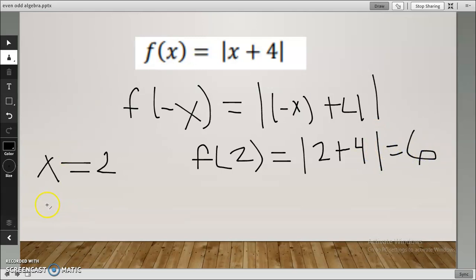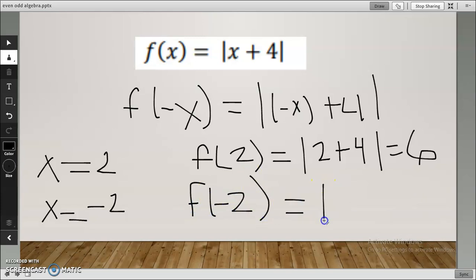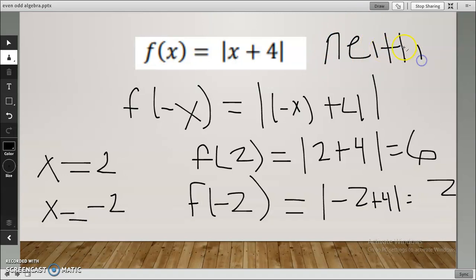All right, let's plug in x equals negative 2 instead. I get negative 2 plus 4, and the absolute value of that is 2. So these numbers are totally different from each other. So that means that this function is neither. They're not the opposite of each other. They are totally different.